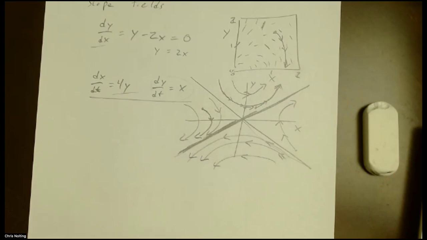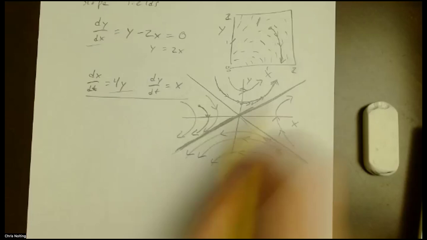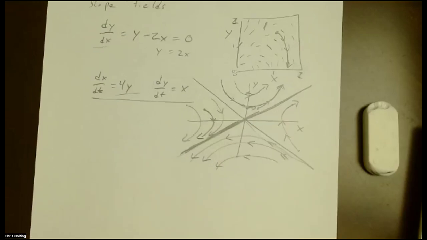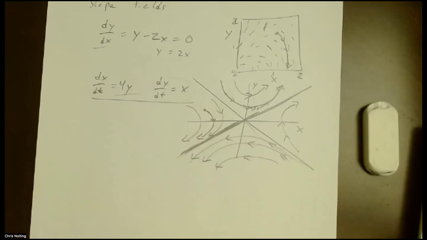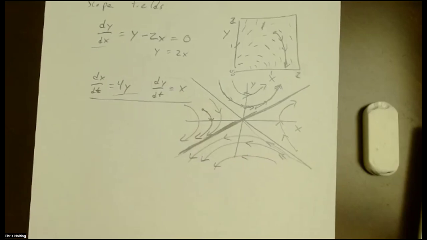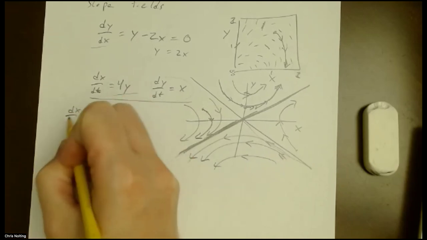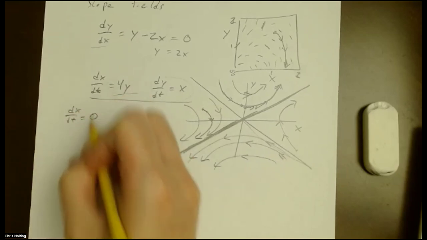I want to explain a little bit about how we could predict some of this. First, we can notice a few things about this system of equations. One thing that you might want to look for first is where do these derivatives equal 0?